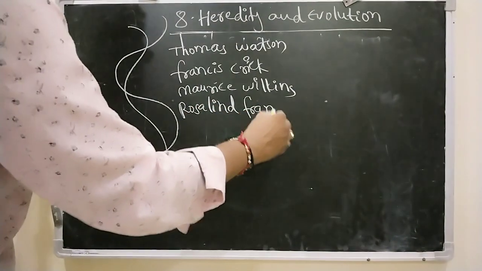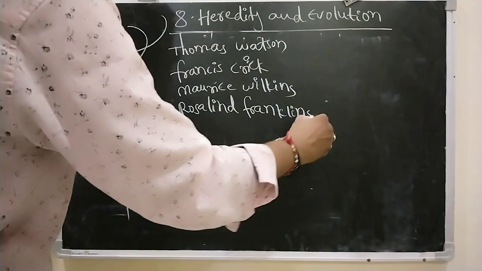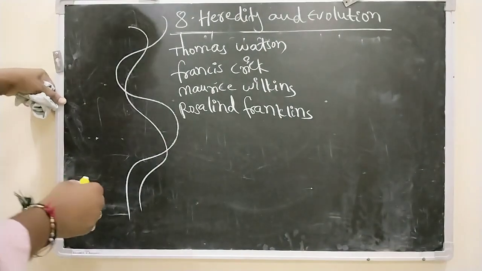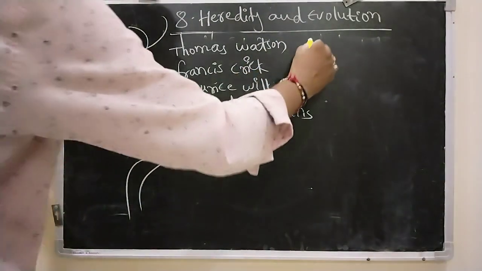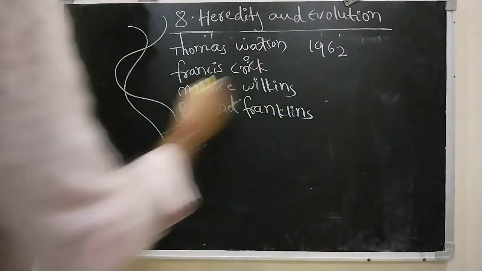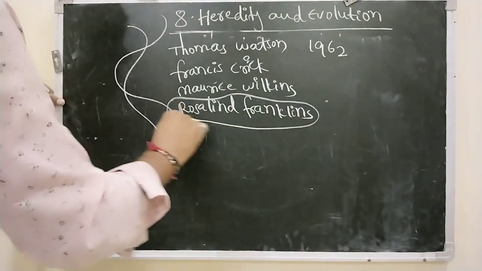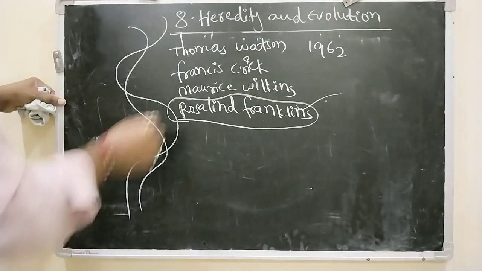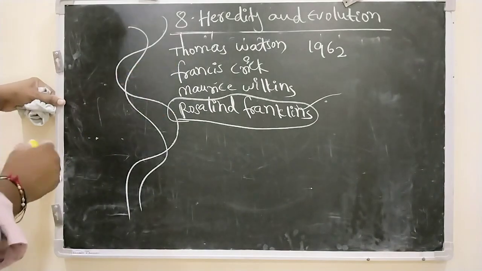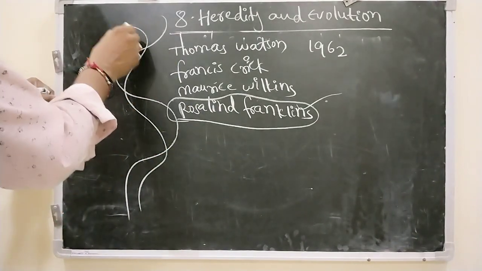They were awarded the Nobel Prize in 1962 for their outstanding contribution, but she died before receiving the Nobel Prize. This woman died and these three members received the Nobel Prize.